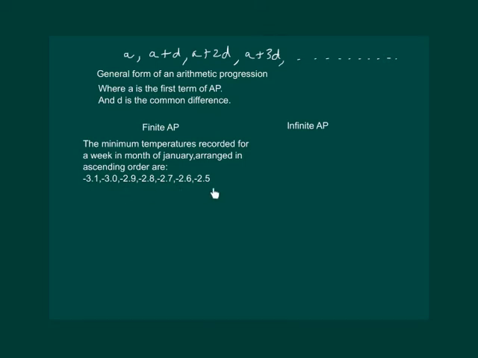Then, this particular arithmetic progression has a equal to minus 3.1, d is equal to 0.1, as each term differs by 0.1, and there are finite number of terms. So this is a finite arithmetic progression. We also notice that a finite arithmetic progression has a last term, while the infinite arithmetic progression will not have a last term.